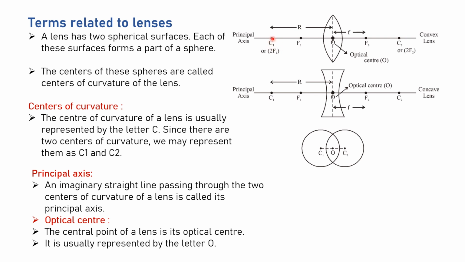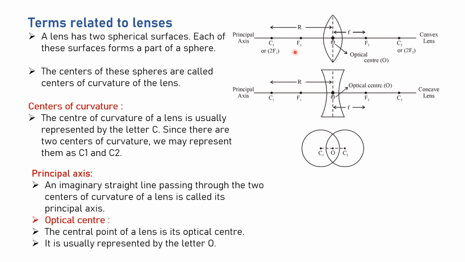The center of this lens is the optical center, and it is denoted by the capital letter O. The distance from O to C is known as the radius, and the distance from O to F1 is known as the focal length.